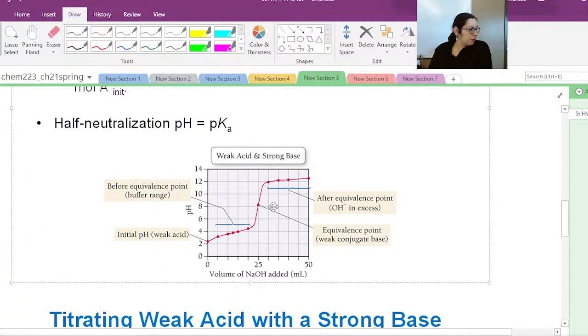And then we'll work through this today, but again, by definition, our half neutralization for our weak acid, strong base is going to be equal to our pKa there. But like I said, we'll prove it so you can see just the math of it, how it works out. But then by definition, like on an exam, you could just use that.